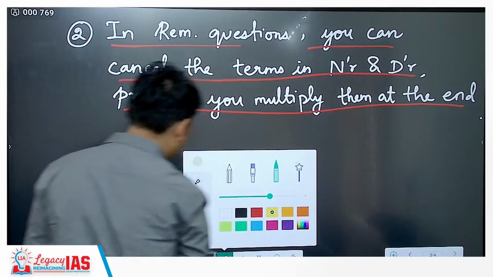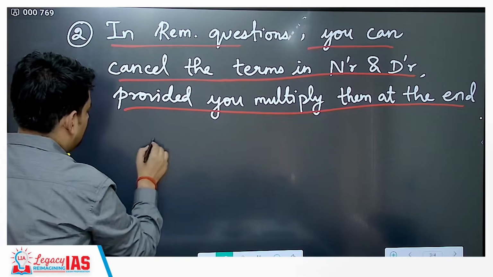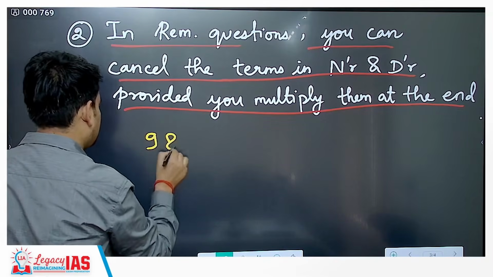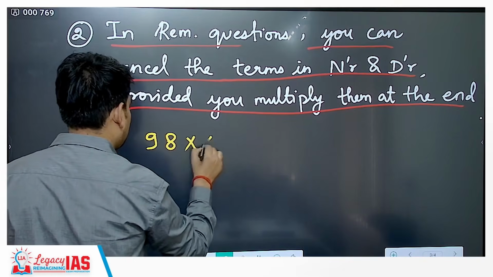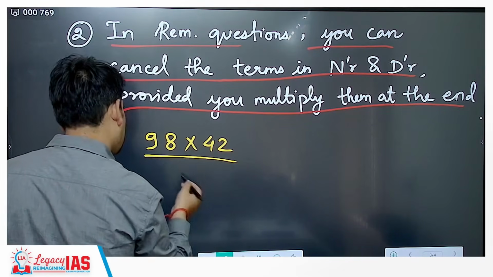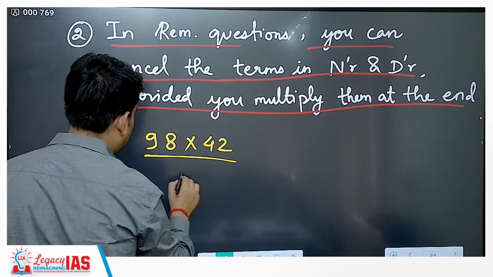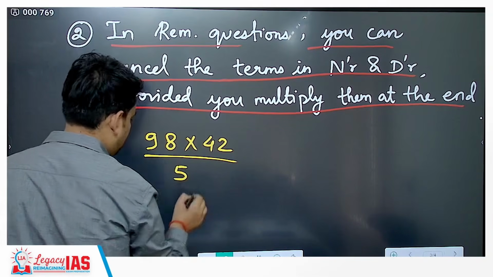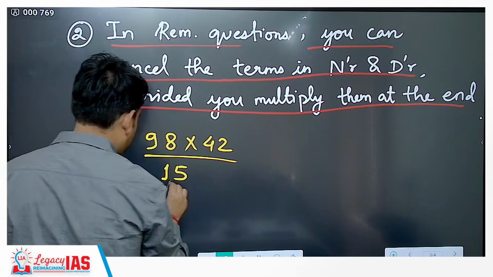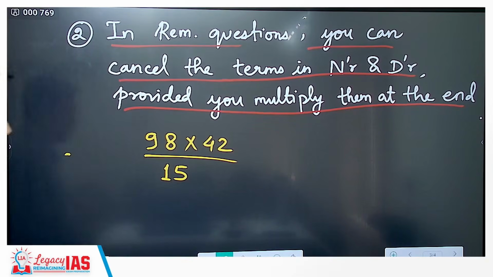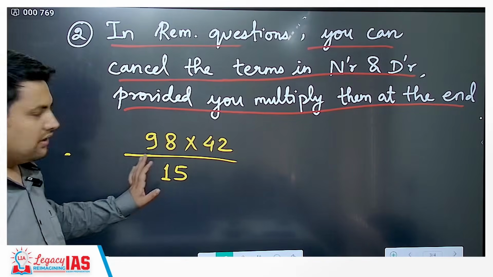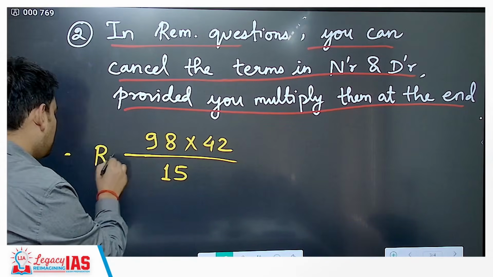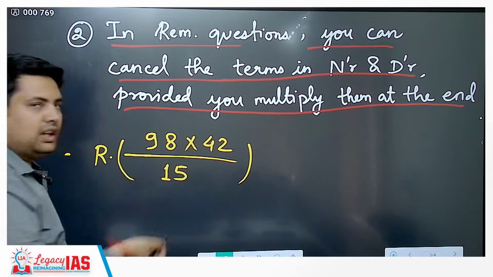That is, if something like 98 into 42 divided by 15 is written, then when you are finding the remainder of this, you can simply cancel it up and down.